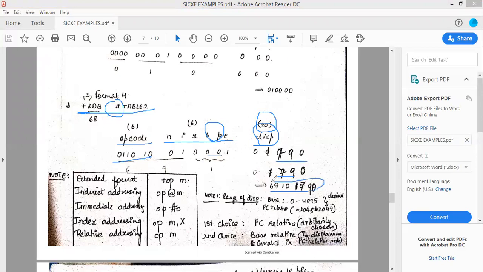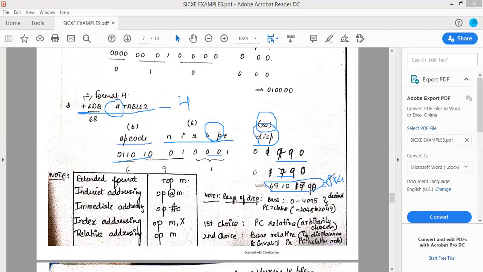And look at this, guys. Don't you think the numbers have increased here? Yes. Why? Because this is a 4-byte instruction. 4 bytes means you'll have to write 8 numbers: 1, 2, 3, 4, 5, 6, 7, 8. As I said, 1 hexa digit is 4 bits. So 8 into 4 is 32, and 32 bits means 4 bytes.